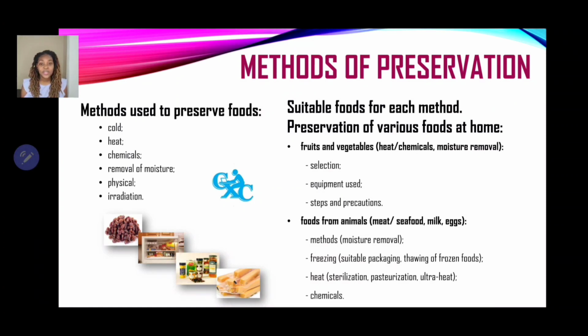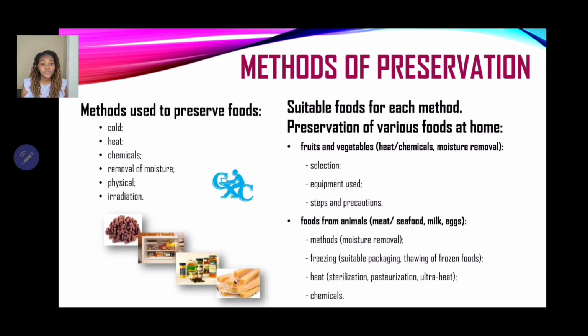There's also the use of chemicals, where we may speak about vinegar, salt, and sugar, removal of moisture, physical, and also irradiation, which refers to rays passing through these packages so that they are safe and their shelf life can be extended. All right, have a knowledge also of suitable foods for each method, right?